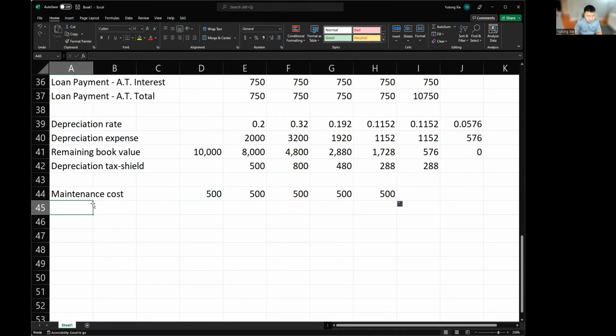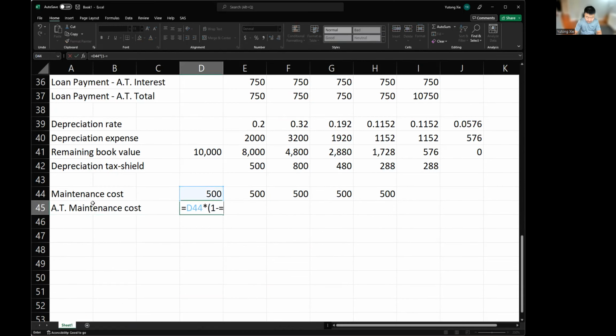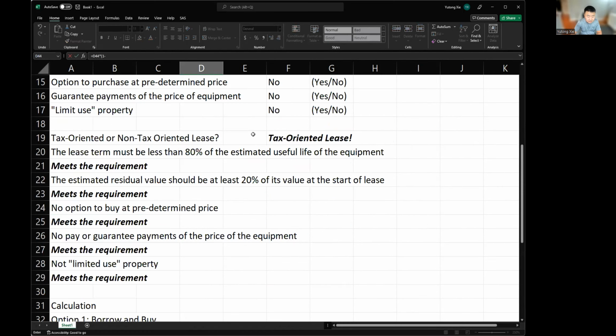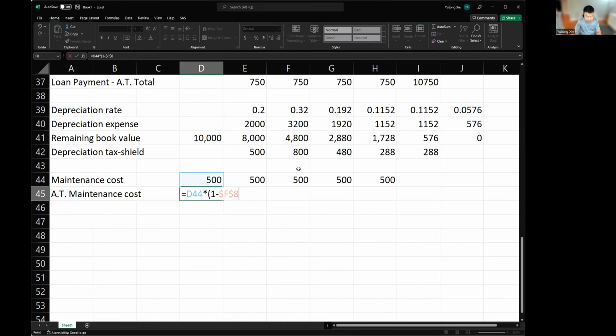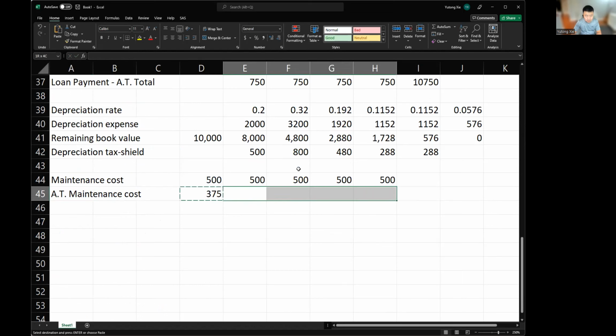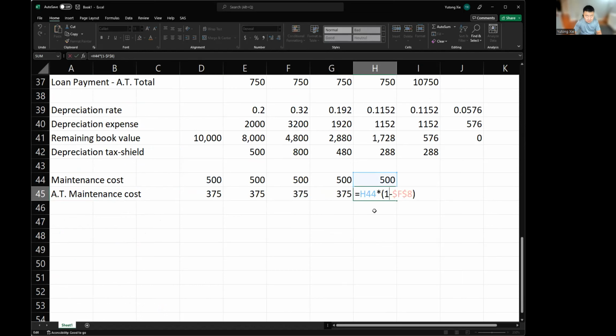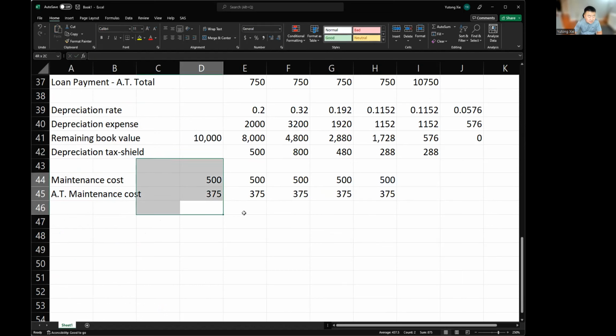So the after-tax maintenance cost will be this times 1 minus tax rate, 25%. Okay, and pasting these here. So I have after-tax maintenance cost. So that's the maintenance.